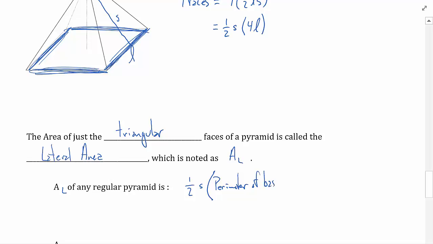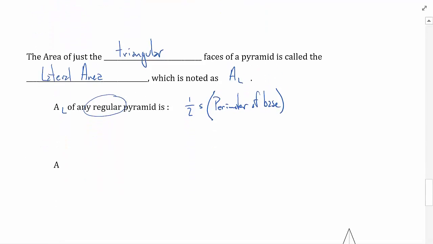And so it doesn't matter if your base is a regular hexagonal base or octagonal base, as long as the base is a regular shape, all sides equal, all angles equal, then the lateral area is 1/2 slant height times perimeter of base.